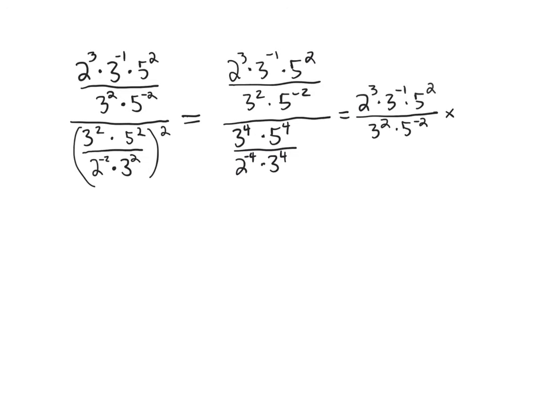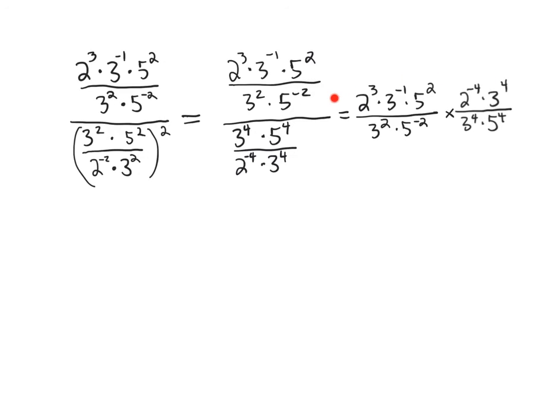So it's going to be 2 to the negative 4 times 3 to the 4 over 3 to the 4 times 5 to the 4. Now, in some sense, we have two options here. Both of them are as good as each other.